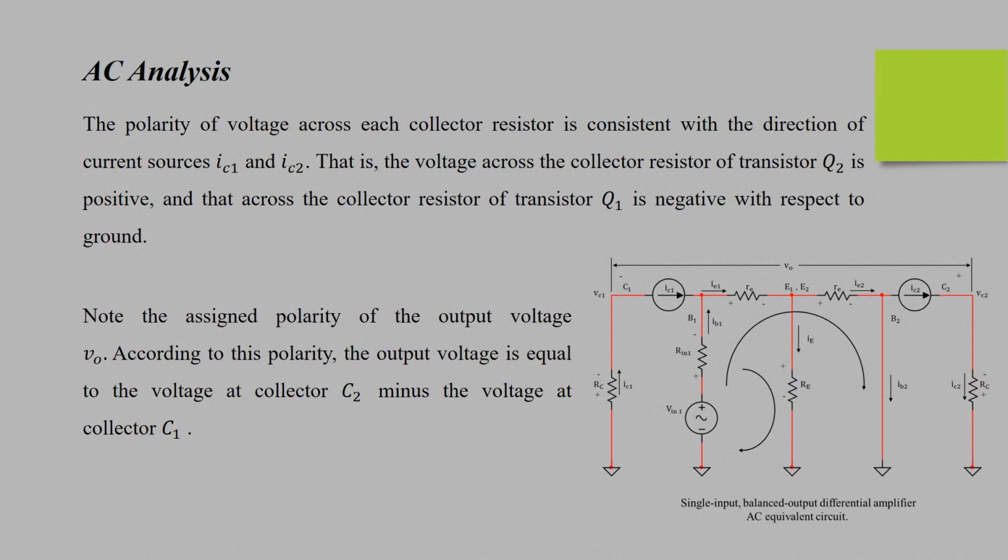That is, the voltage across the collector resistance of transistor Q2 is positive and across the collector resistance of transistor Q1 is negative with respect to ground. So we have to note the assigned polarity of output voltage V0. According to this polarity, the output voltage is equal to the voltage at collector C2 minus the voltage at collector C1. You can see here.